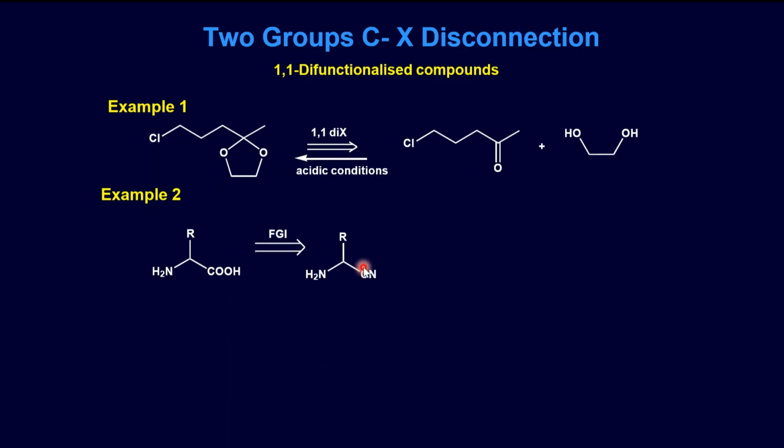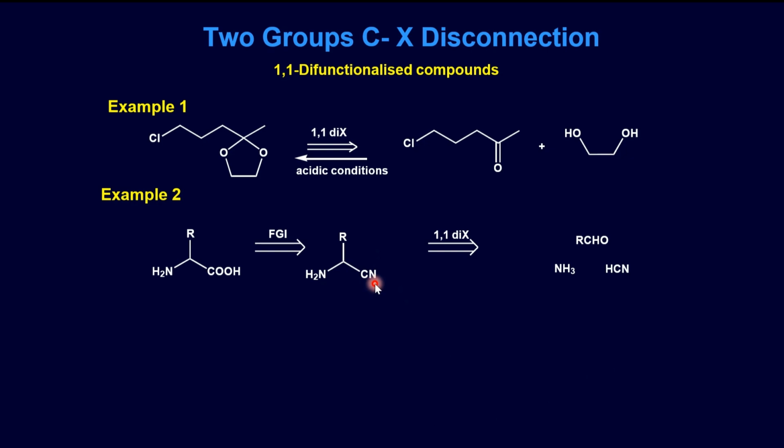Right. Now I will cut over here and cut over here. I'll carry out 1,1 disconnection. When I cut over here, this part I can replace by ammonia.